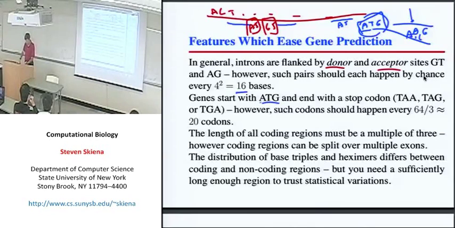So we know that genes start with a start symbol, and they also end with a stop symbol. There are 3 possible stop triples. So one way to think of a gene is that it's going to be something that starts with an ATG and ends with a stop, but we see there's a lot of ATGs, and there's about a 1/20th probability, or 3 out of 61, that when you put your finger someplace, the next 3 bases correspond to one of the stop triples.